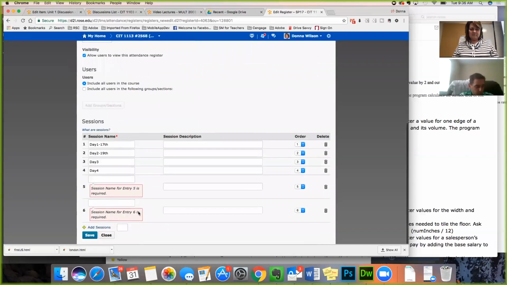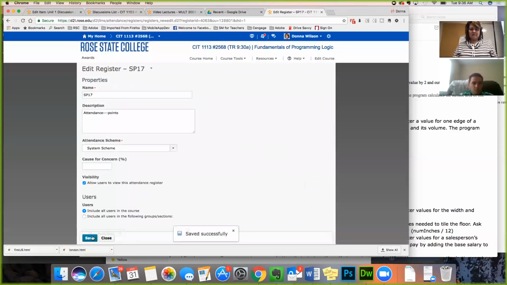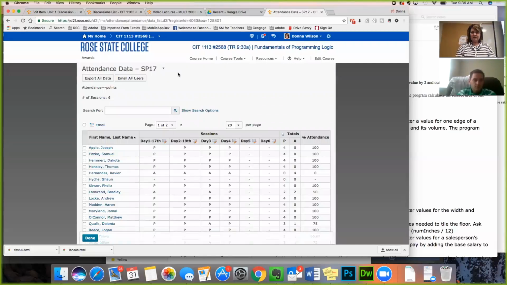Oops. Add a name on day 5. This is why I don't roll the whole semester because it's hard typing it in here. All right, so, but I do have to for a while because I have to tell when people quit coming.